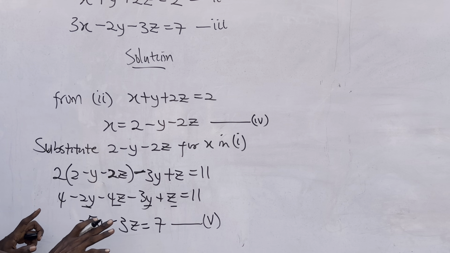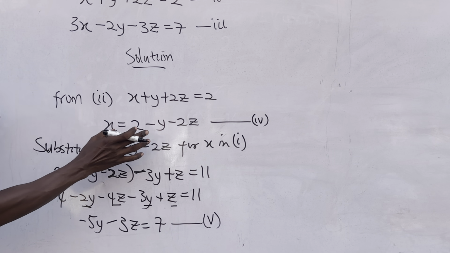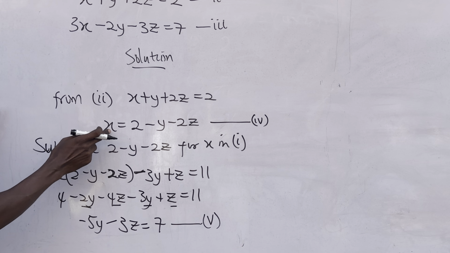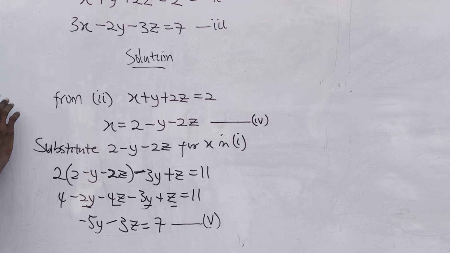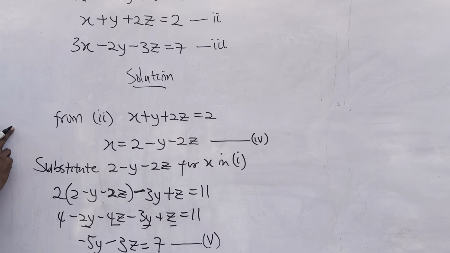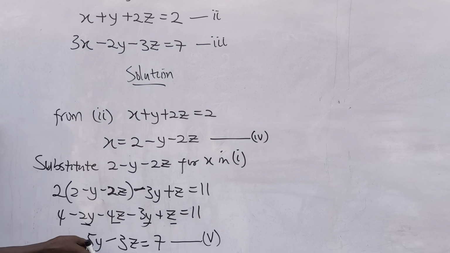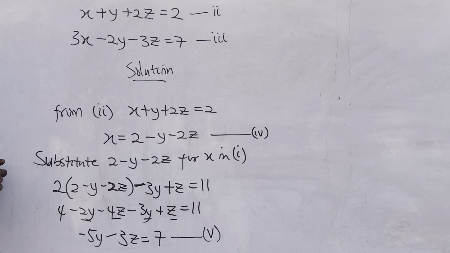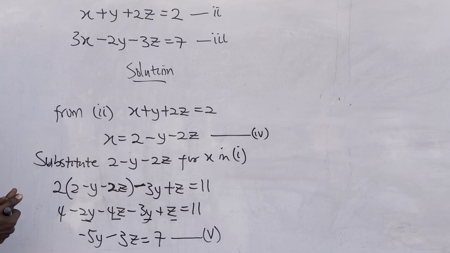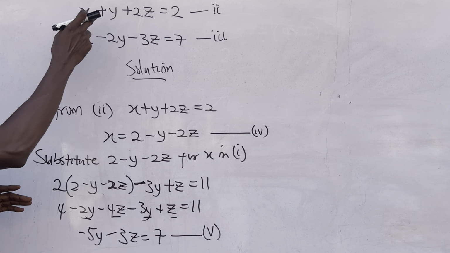That's our equation 5. Now the same thing we did here. Remember we took this x that we got from equation 2 and we substituted into equation 1. Now we're going to do the same into equation 3 so that we can have a similar equation to this, and then we can use one of these simultaneous equation methods to get our answer. So let's do that quickly.